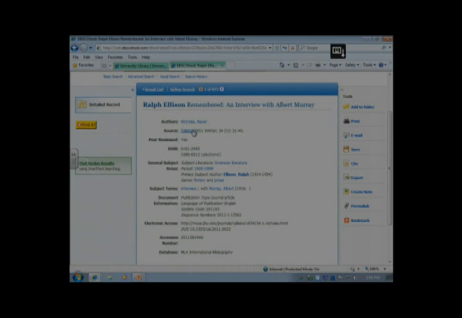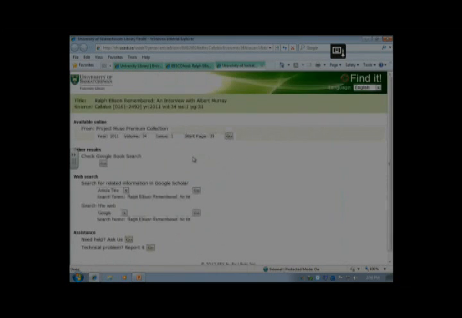As long as you have a call number, if it's, see here you won't need it because it's available full text. Actually, no, we'd need to find it. But don't quote me on Callaloo because we may not have it in our collection. For the most part, if you're in the databases and it's not full text, if you click on the Find It button, okay, we've got it through Project Muse.